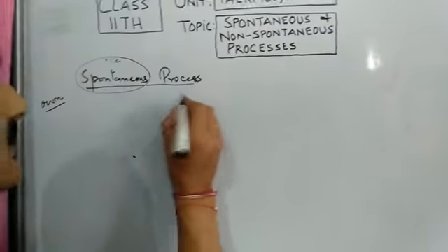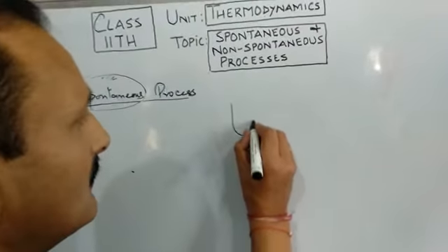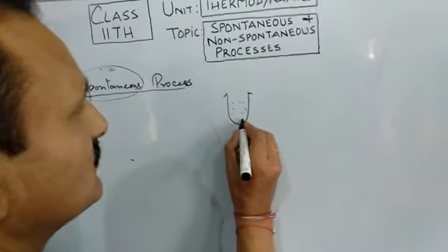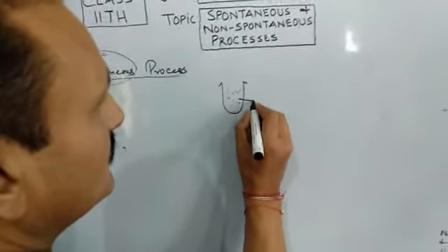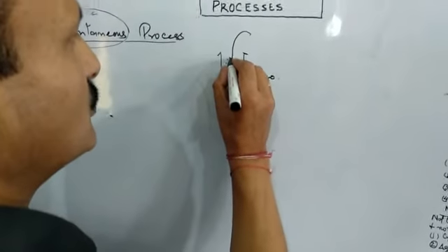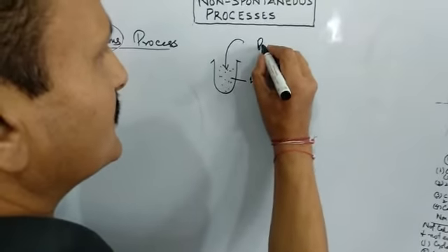Suppose we take a beaker containing water. This is water in it. Let me put sugar in it.